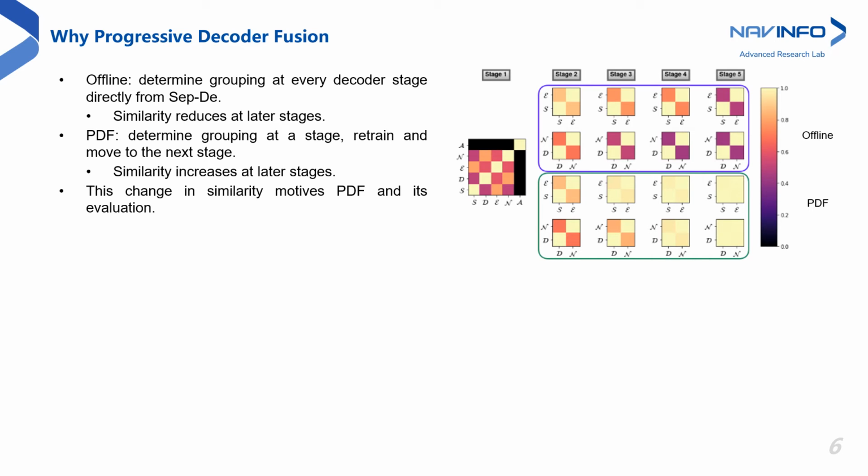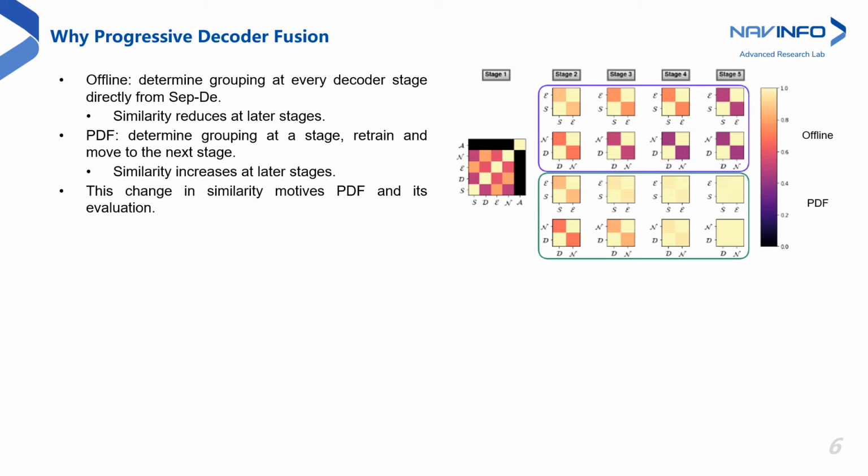Here, we show that the task similarities change depending on previous layer groupings. We first compute the CKA similarity matrix across all tasks in stage 1 using SEPDE. Based on this matrix, S and E form one group and D and N form another group.